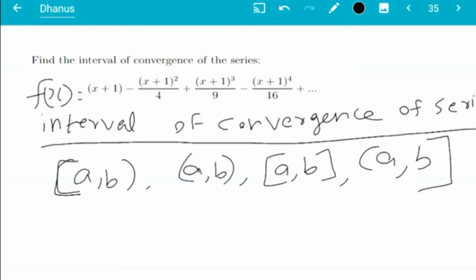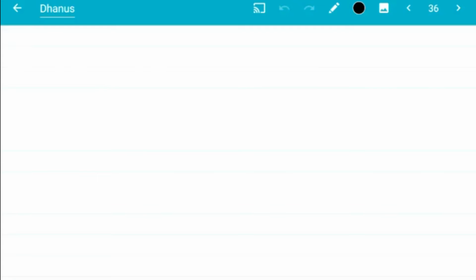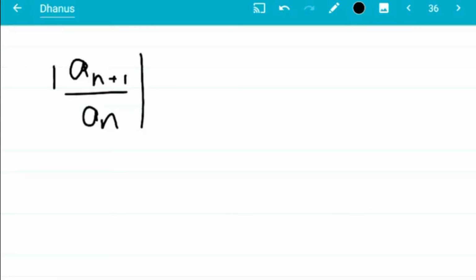For the convergence of a series, there are a lot of techniques. One technique is the ratio test. That is, if the absolute value of a(n+1) by a(n) is less than 1, then the series is convergent.